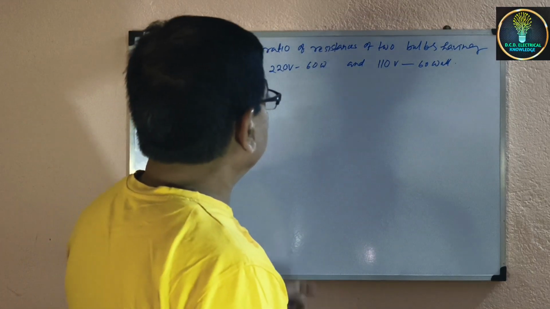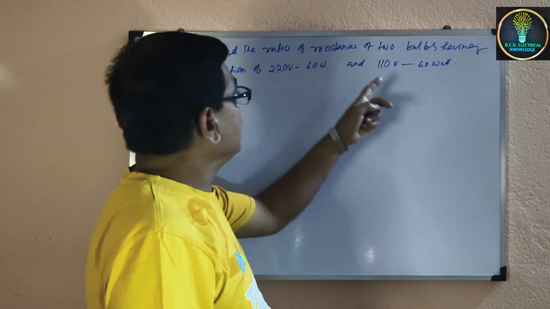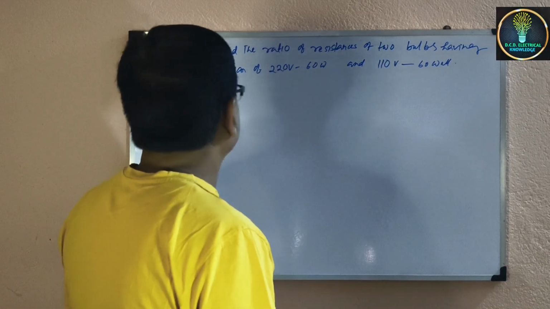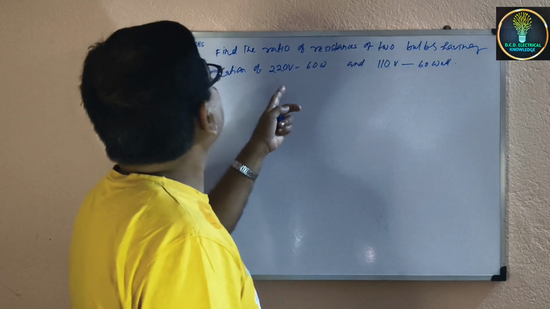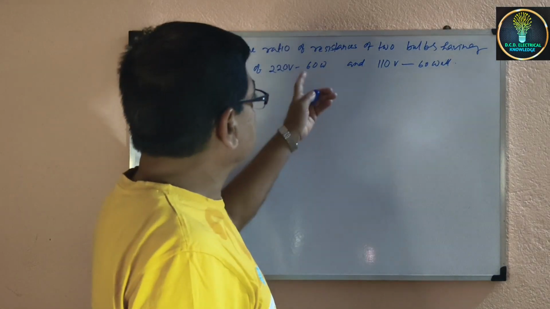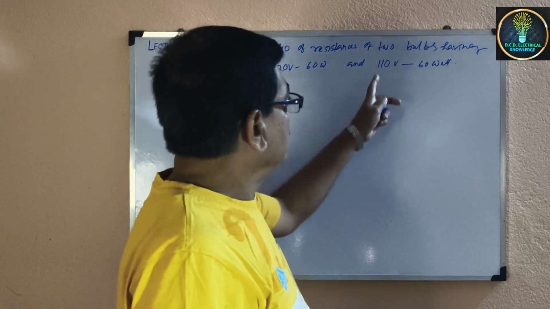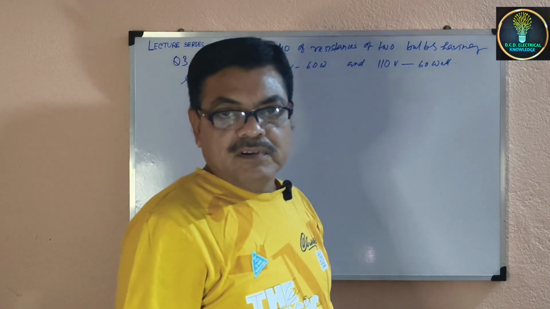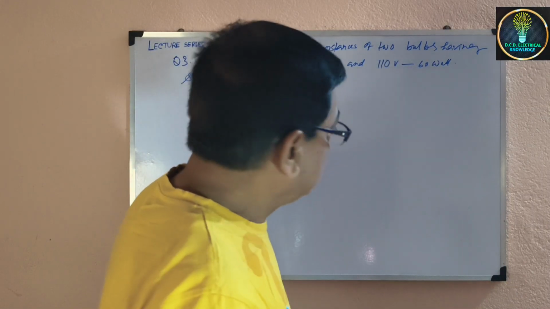Find the ratio of resistances of two bulbs having specification of 220 volt 60 watt and 110 volt 60 watt.